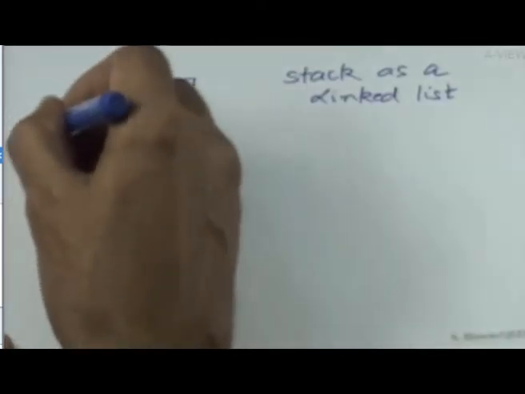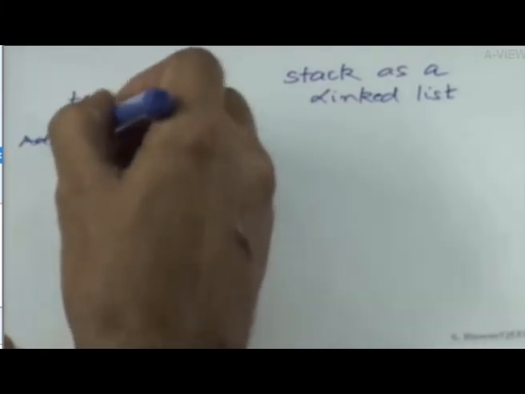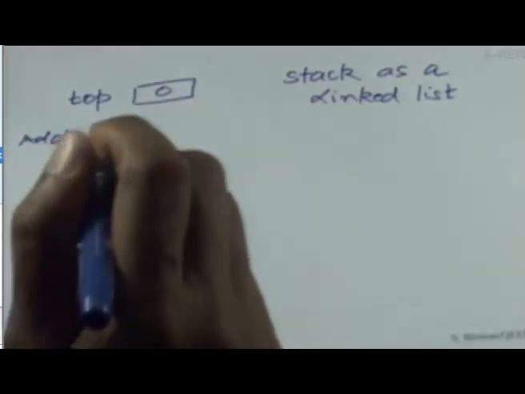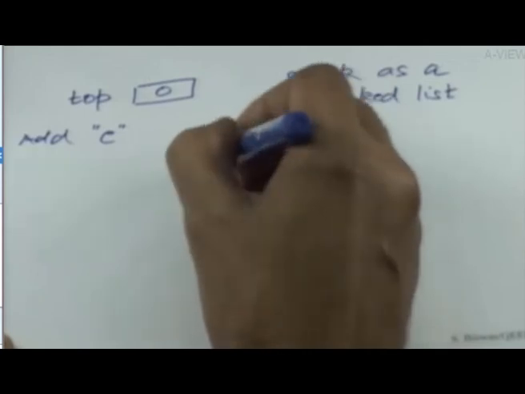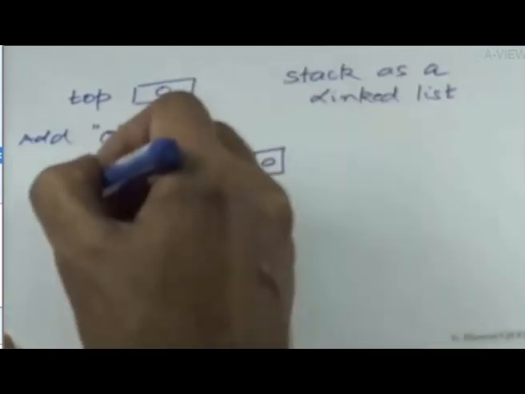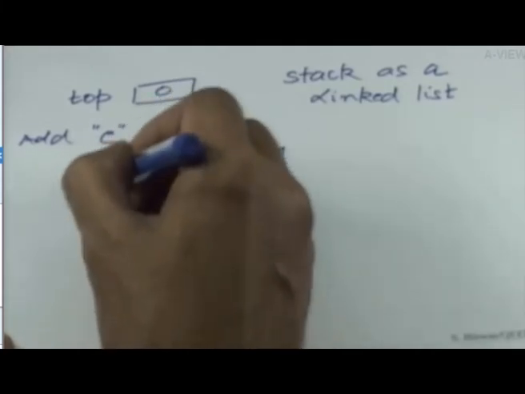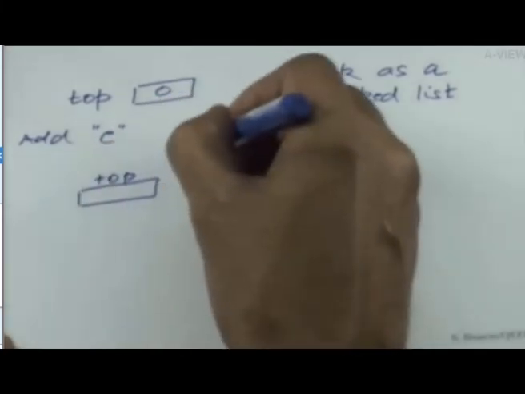Now I want to add this string which is language C to it, double quote C. So what do I do? I create an element, I put the value C there, put a 0 as next, and change my top to point to this, which is 2000.